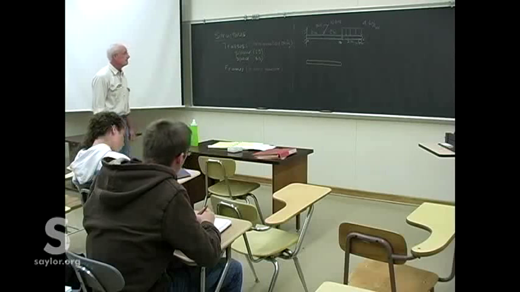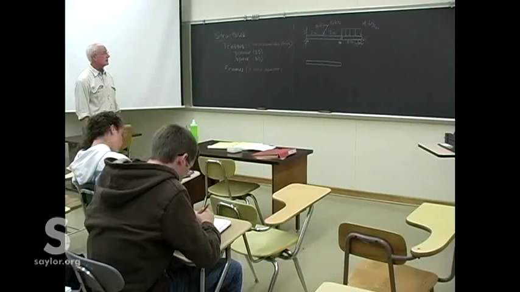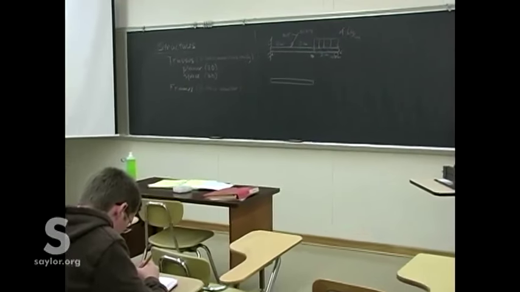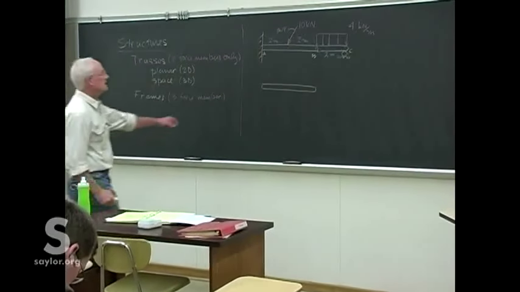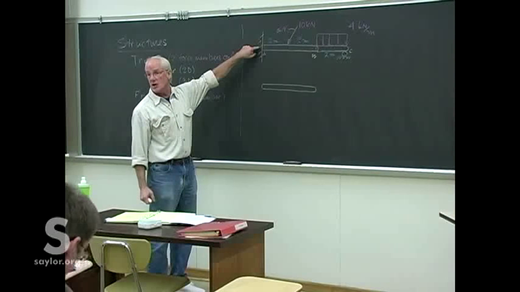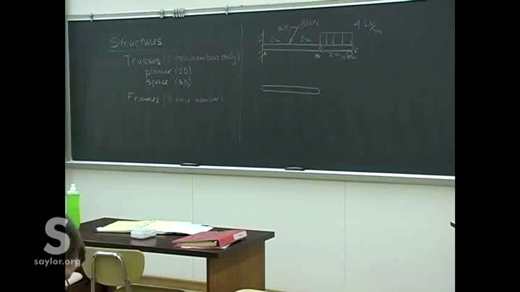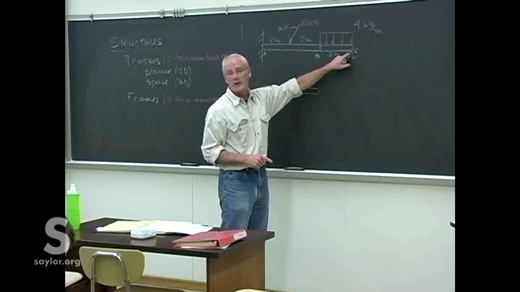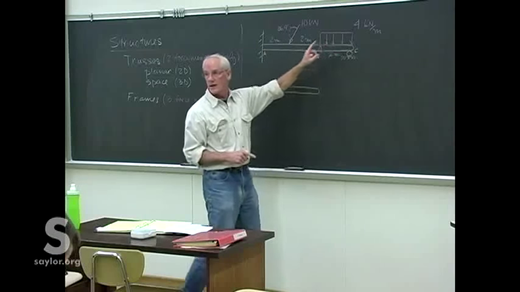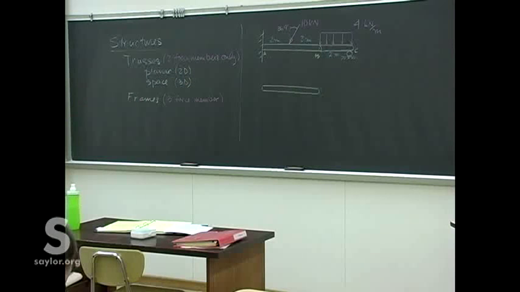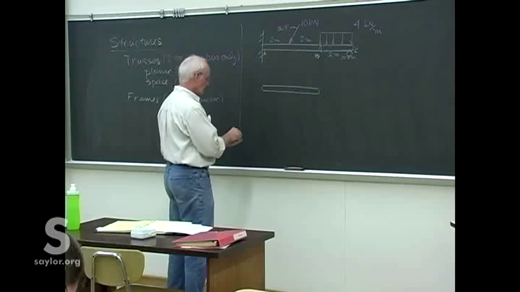Now, typically, if we were doing the reactions for this, we have too many unknowns, because we have 3 unknowns at the wall end, because there's the magnitude and direction of the support force and the magnitude of the moment supplied there, plus there's another reaction out here with 1 unknown. So that would be 4 unknowns if we look at the whole beam. But there's no big deal. We can take it apart and look at it in pieces.